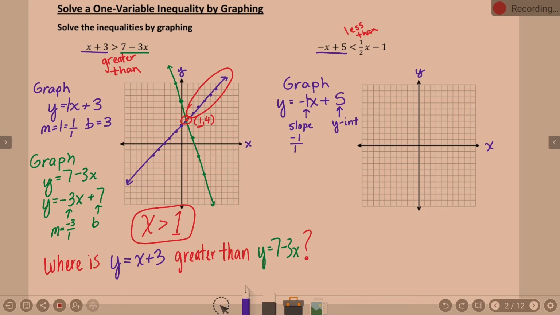So y-intercept of 5. Slope of negative 1, I'm going to go down 1. That's my negative. Right 1 is positive. Down 1, right 1, a bunch. I also can reverse and go up positive 1, left negative 1.